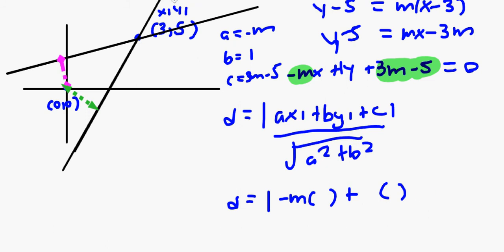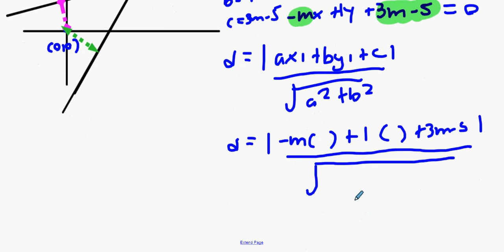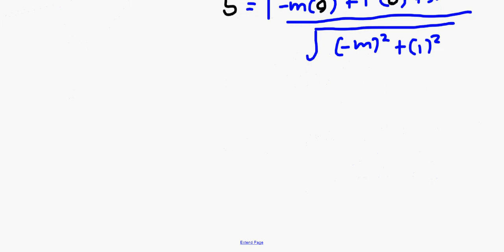And that's 3m minus 5, all divided by the square root of minus m squared plus 1 squared. Alright, what's the point we're measuring it from? 0, 0. That worked out nice and handy. What's the d value? The distance from 0, 0? 5. Right. So this is probably one of the simpler ones.